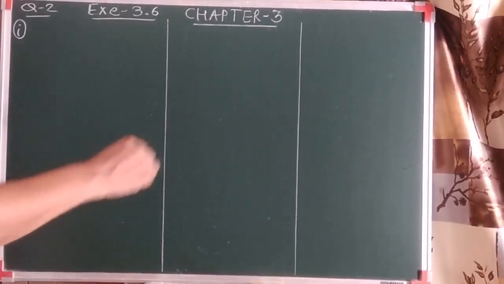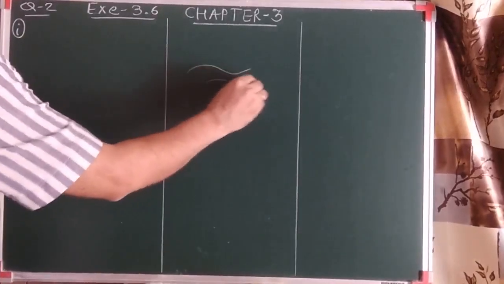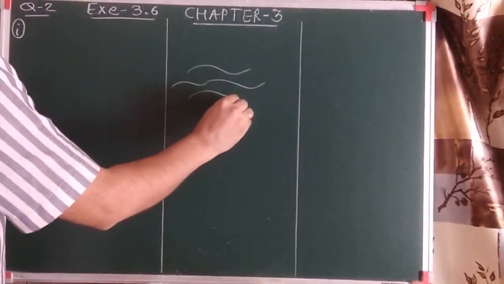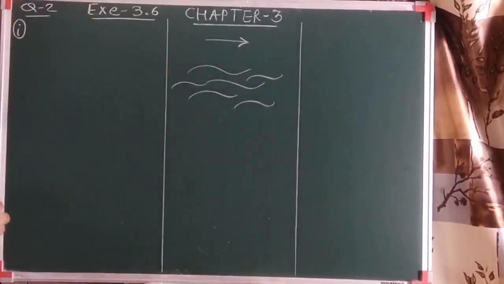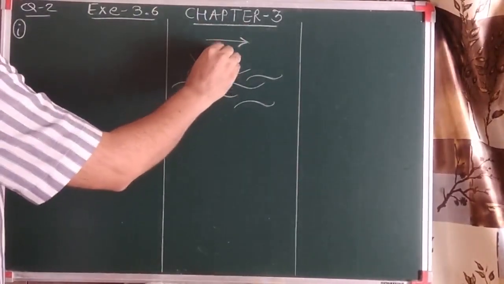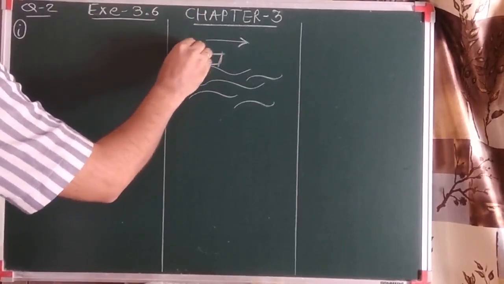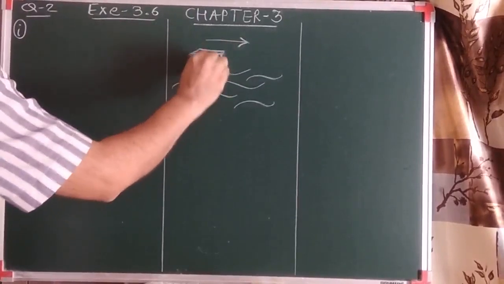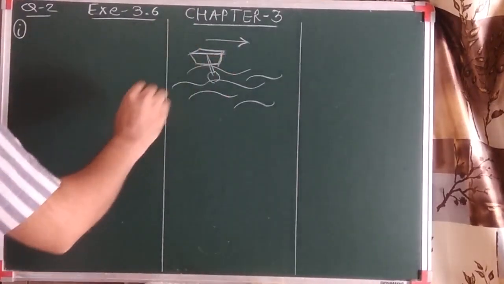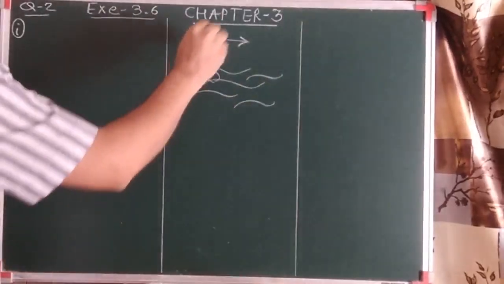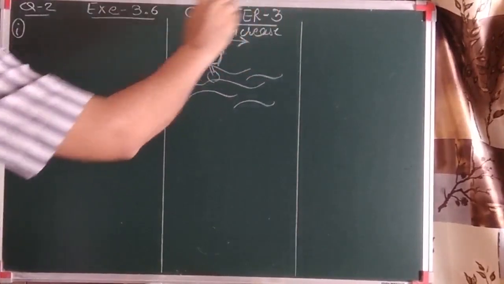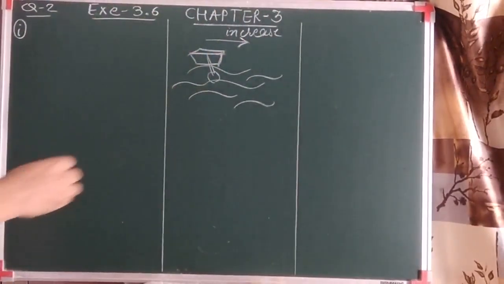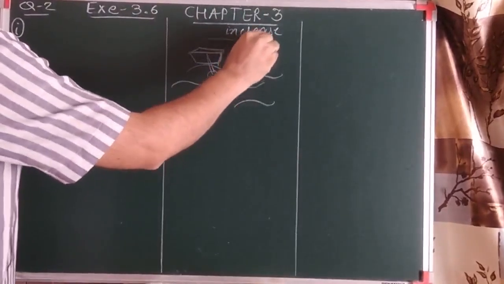The meaning of downstream: this is the river. Let us consider that the flow is in this direction. So when the flow is in this direction and you are rowing and going in this direction, your speed is increasing. It must increase because you are going with the direction of the flow. This is called downstream.